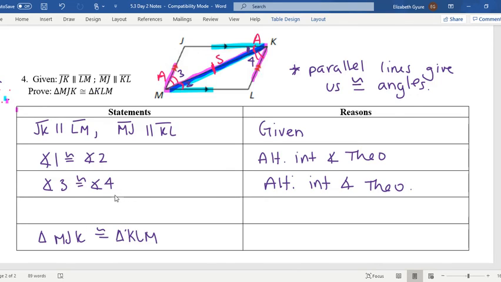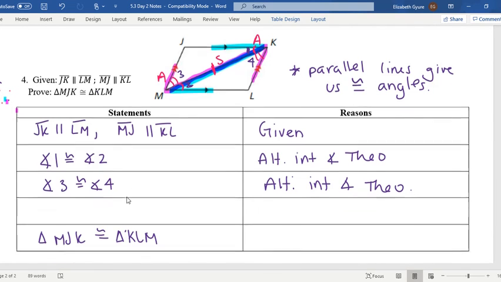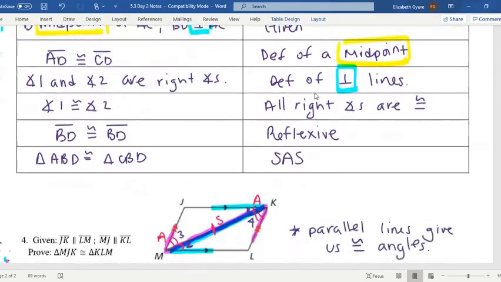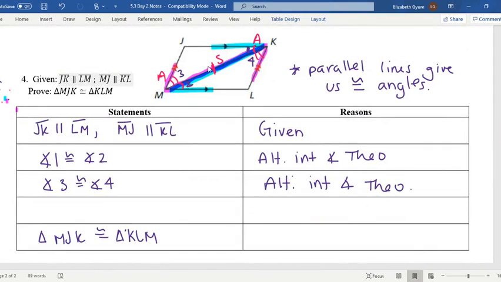So here we said BD is congruent to BD, because that was the name of the segment. It was segment BD. Here we have MK. So how could I show that MK is congruent to itself? You think you know how you could do that, Olivia?